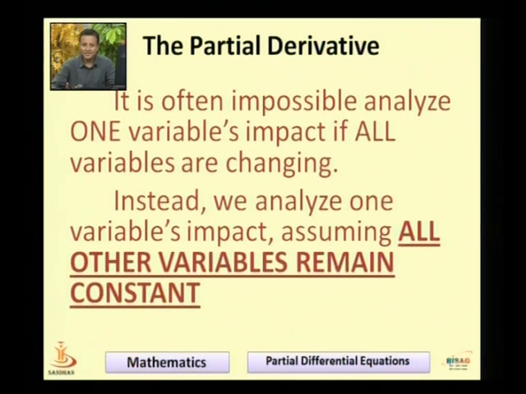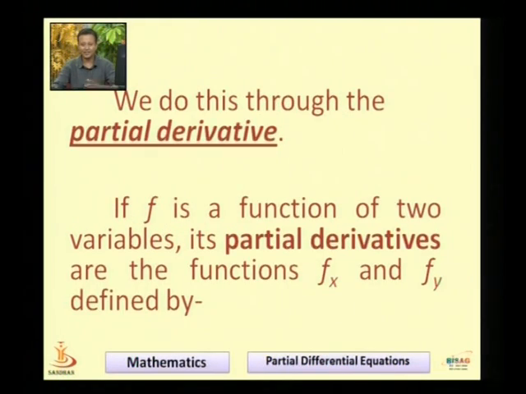If you want to check the rate of change of z with respect to x, then keep y constant, fix the y variable, and at that time you can see the rate of change of z with respect to x, and that is explained in the next slides. We do this through the partial derivative. If f is a function of two variables, its partial derivatives are the functions fx and fy.